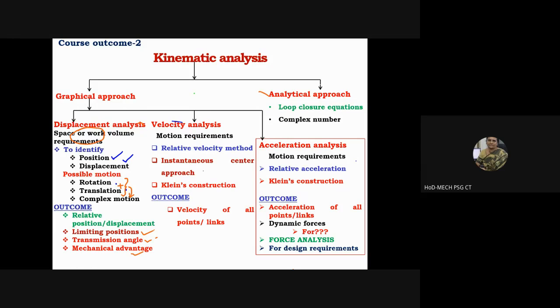After you complete the velocity analysis, you will have in your hand the velocities of all the points on the links.